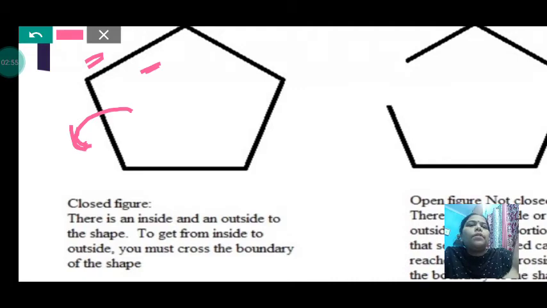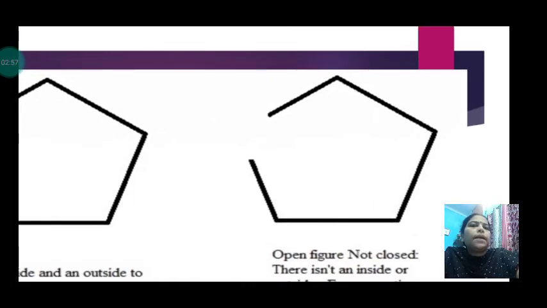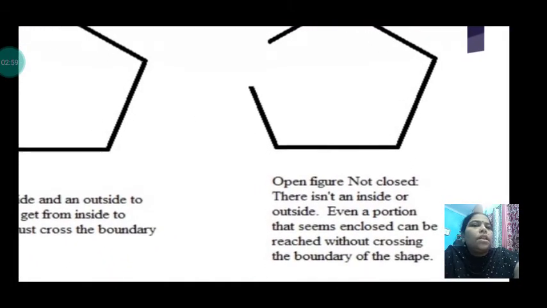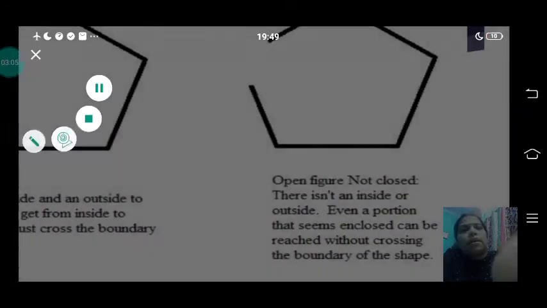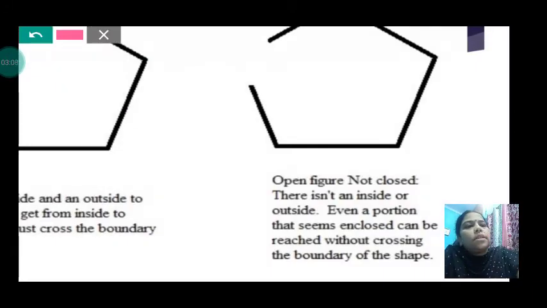Now let us see what will happen in the open figure, not closed. So there isn't an inside or outside. Here there is no inside and outside. It is open from here. Even a portion that seems enclosed can be reached without crossing the boundary of the shape.